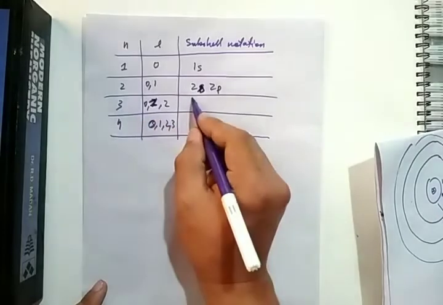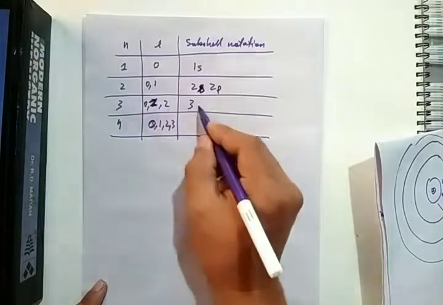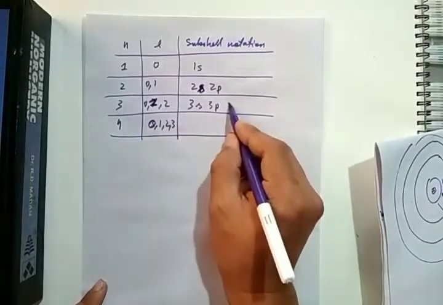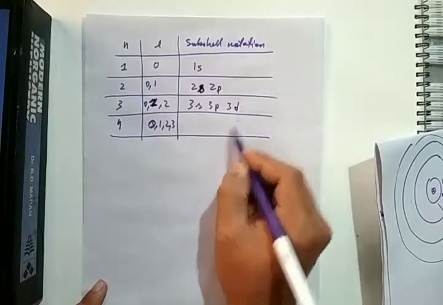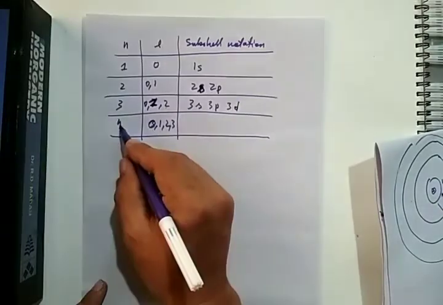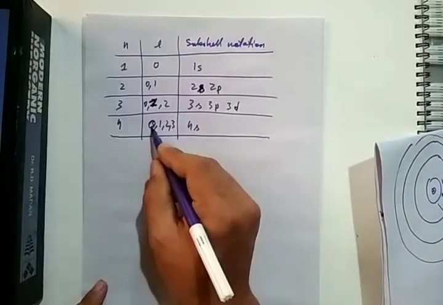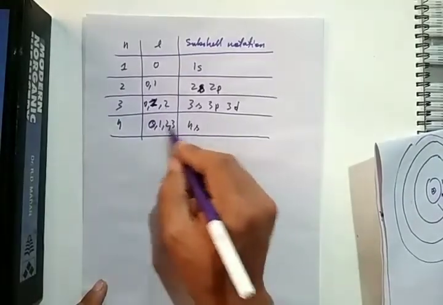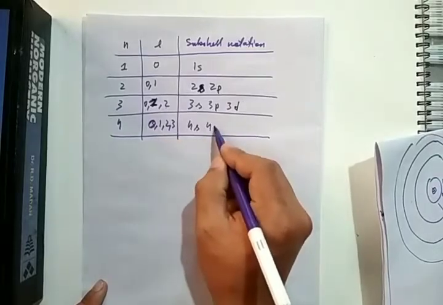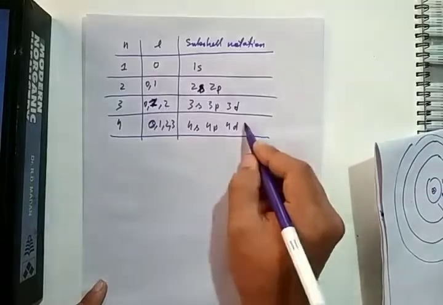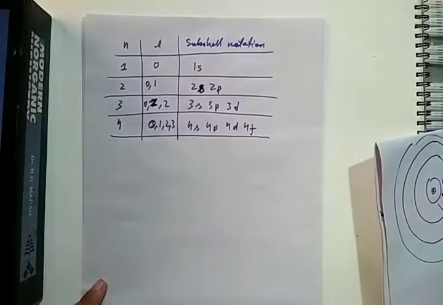Since n is 3, the subshell is 3: 0 gives 3s, 1 gives 3p, 2 gives 3d. For the fourth shell, 0 gives 4s, 1 gives 4p, 2 gives 4d, and 3 gives 4f.